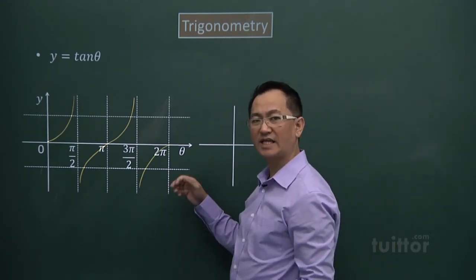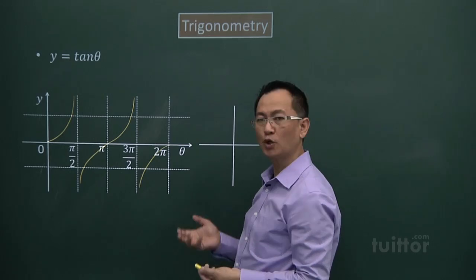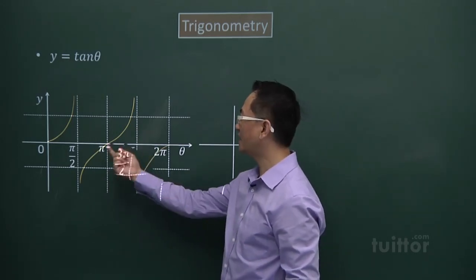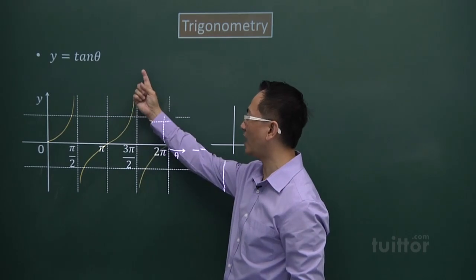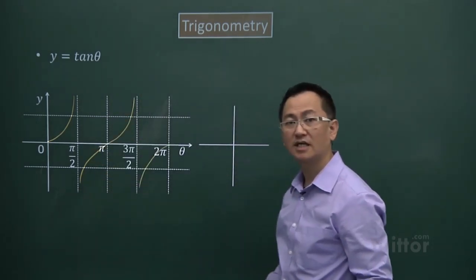For this graph, there is no maximum, no minimum, because this graph stretches all the way upwards and downwards.